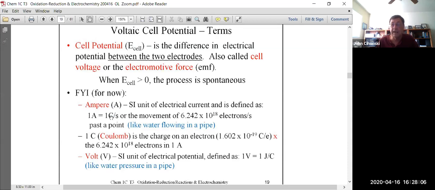So for the 1 amp of current, this is how many electrons are involved. You can think of it like water flowing in a pipe. Same thing as electrons flowing in a pipe. So if you have water flowing in a pipe at 1 gallon per second or 15 gallons per second, that is equivalent to your current, okay?